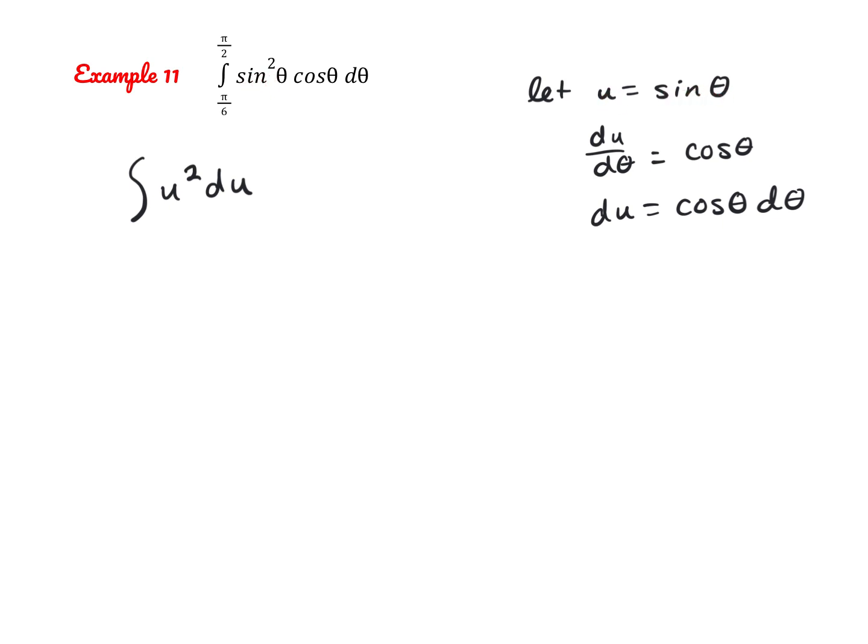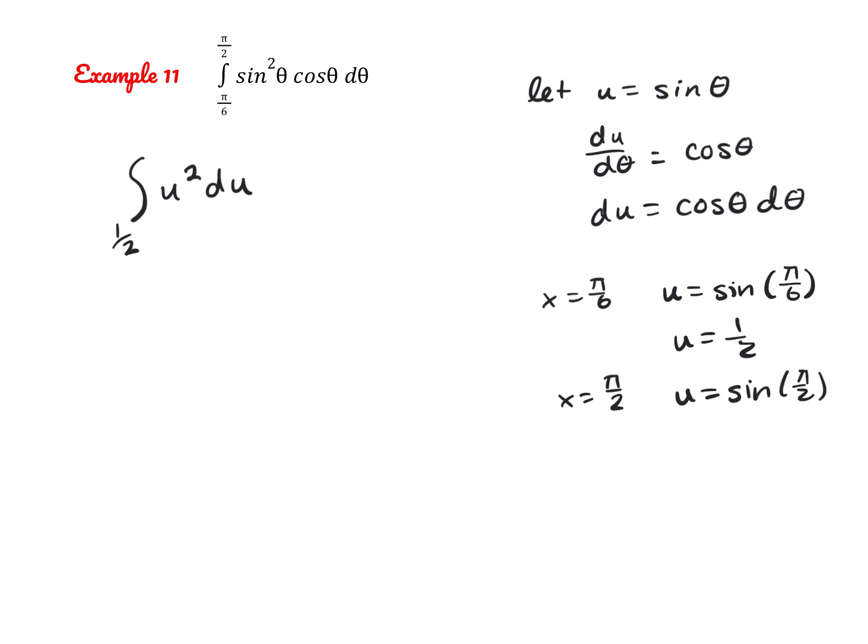And now we need to find our upper and lower bounds. So when x equals pi over 6, u equals the sine of pi over 6, which is 1/2. And then we have an upper bound when x is pi over 2, so u equals the sine of pi over 2, which is 1.